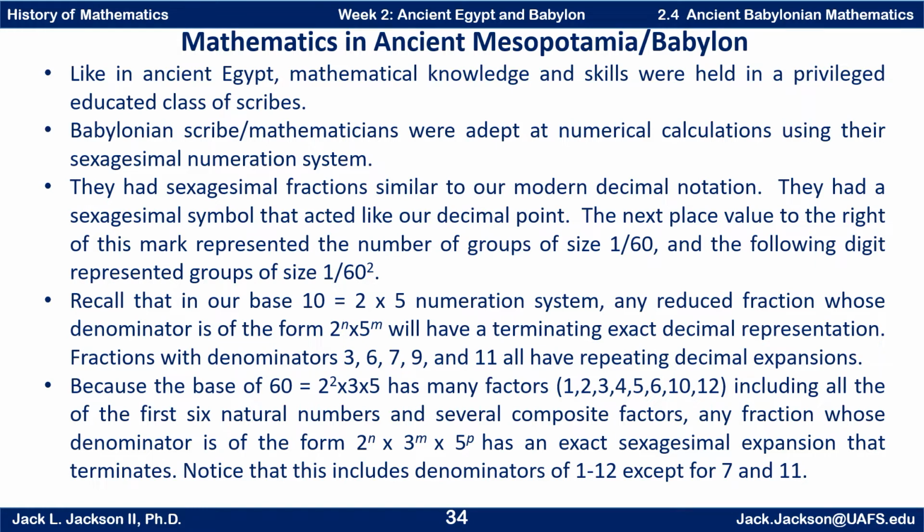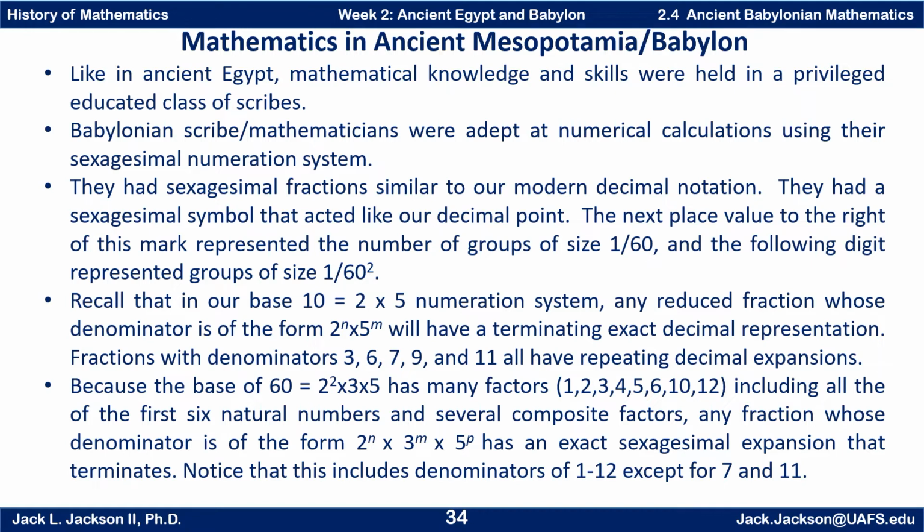Babylonian scribe mathematicians were adept at a lot of mathematics, including numerical calculations using their sexagesimal numeration system, base 60. So in addition to being able to represent natural numbers, they were also able to do fractions, not decimals, because decimal means 10.